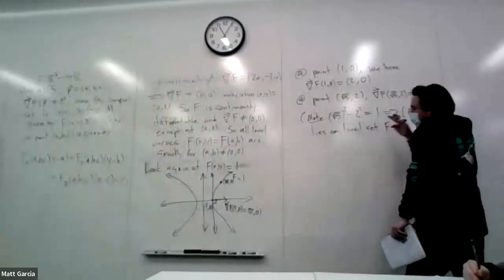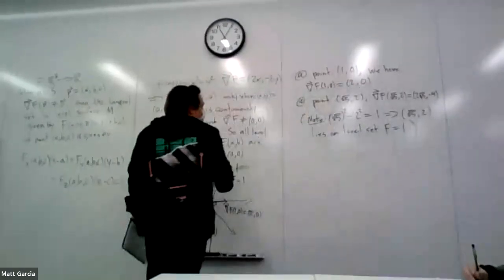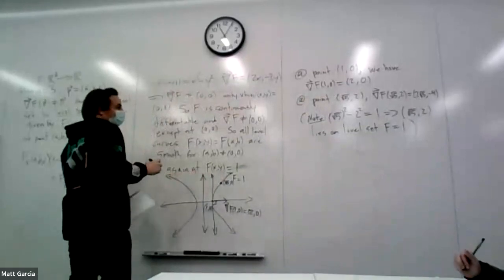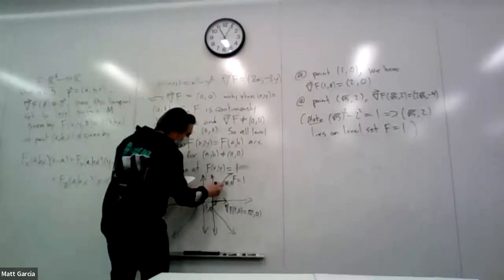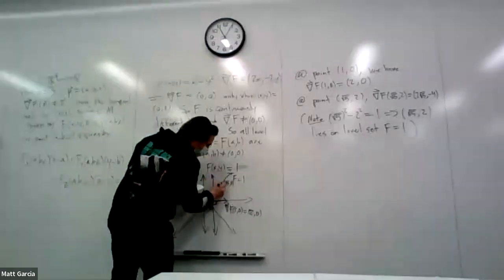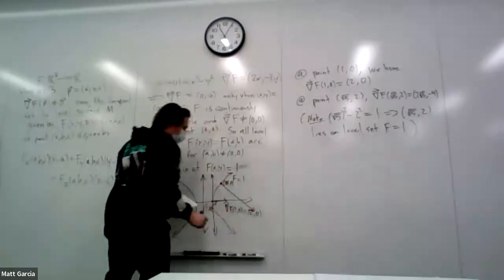Okay. And let's do a sketch of our gradient vector. So it's something like this. Right?